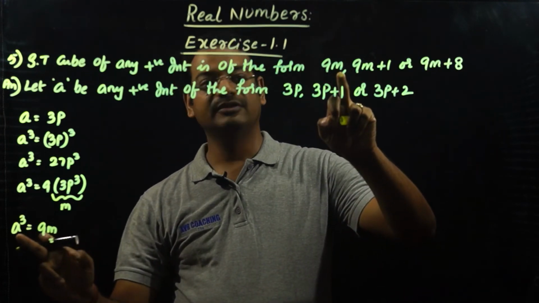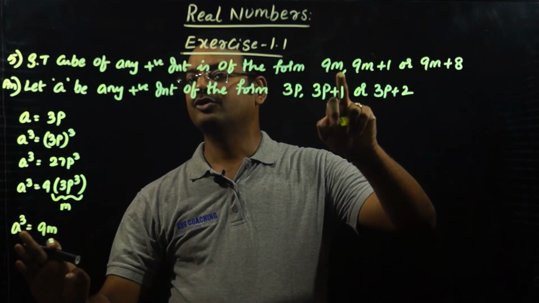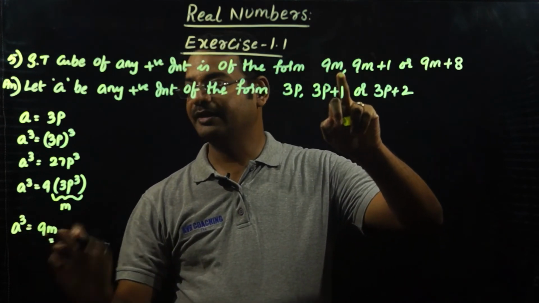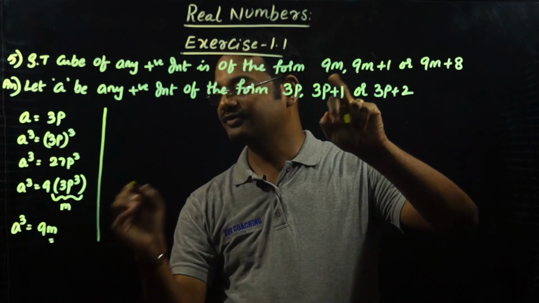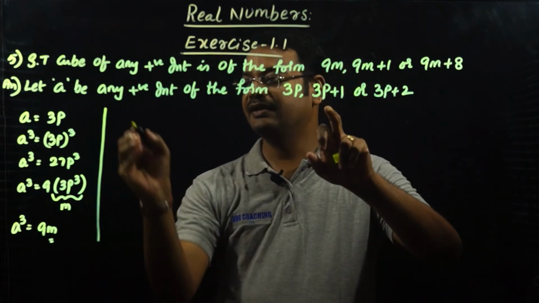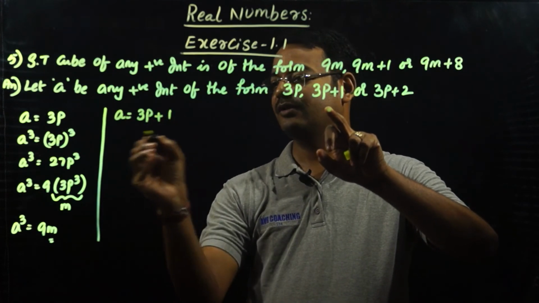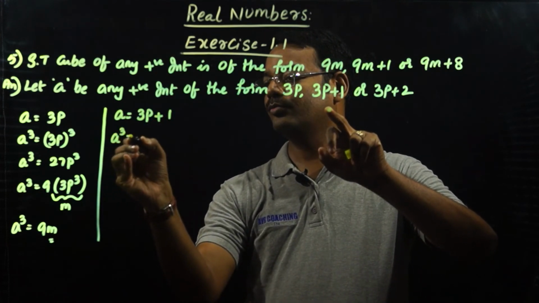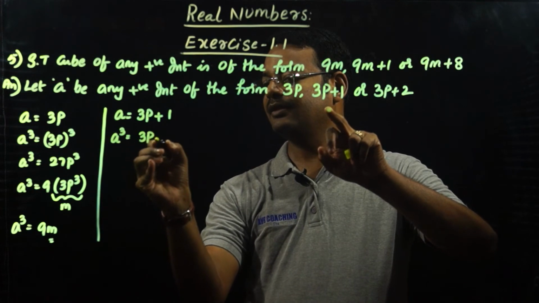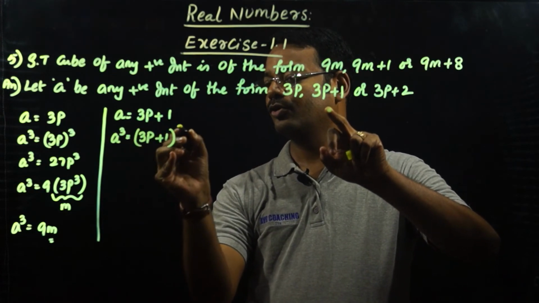The cube of any positive integer is of the form 9m. This is the first condition. Second, we'll take A equal to 3p plus 1. Here, cubing on both sides, (3p plus 1) whole cube.